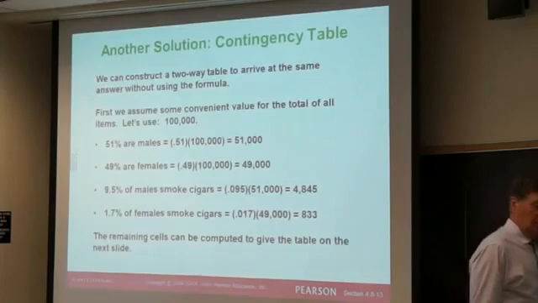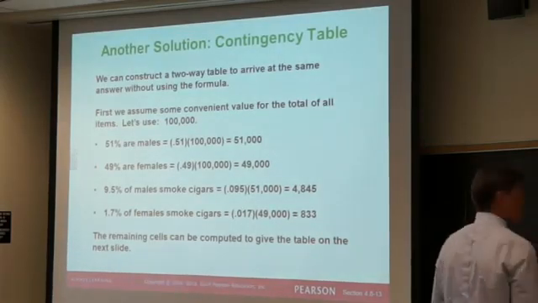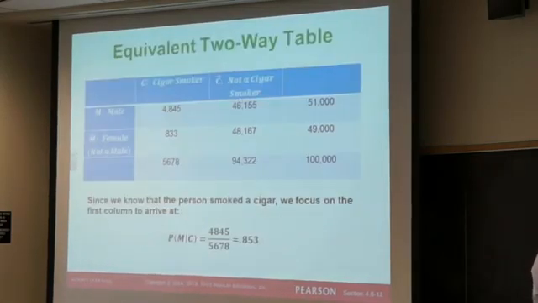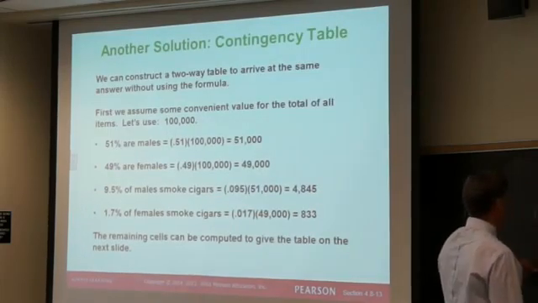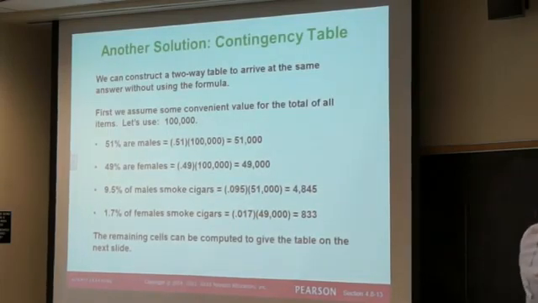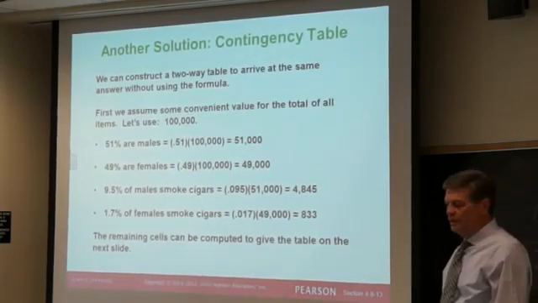And my table is going to look like, let's see what my table is going to look like. So I'll have males and females, cigar smokers, and non-cigar smokers. And we call it a contingency table.